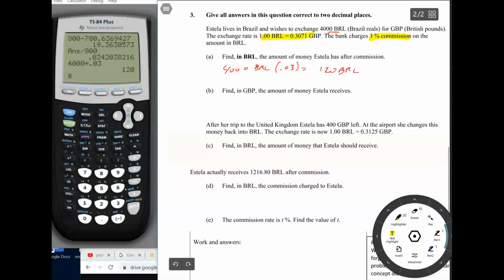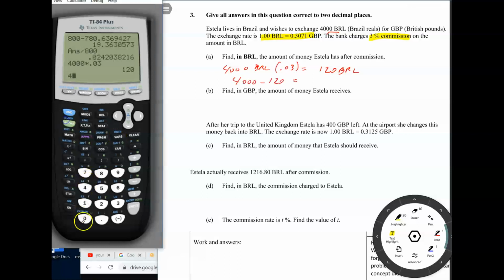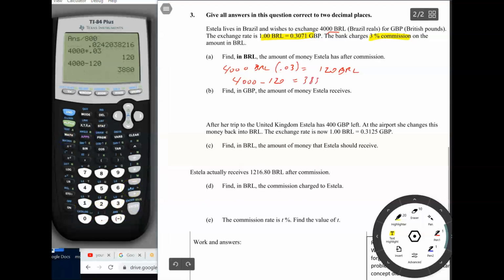So after I pay 120 from my original 4,000, what do I have left? I have 4,000 minus 120, which is 3,880 Brazilian reais.